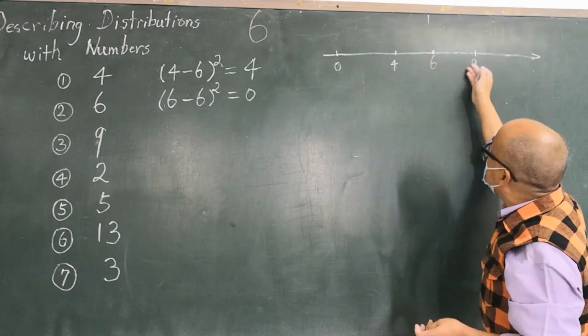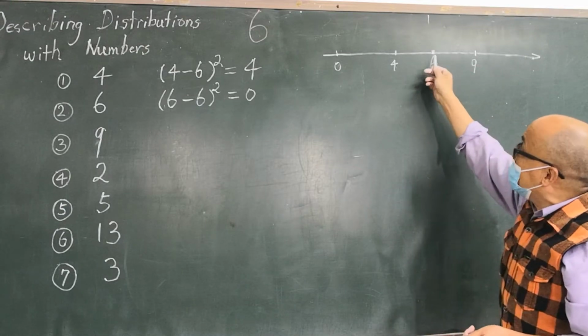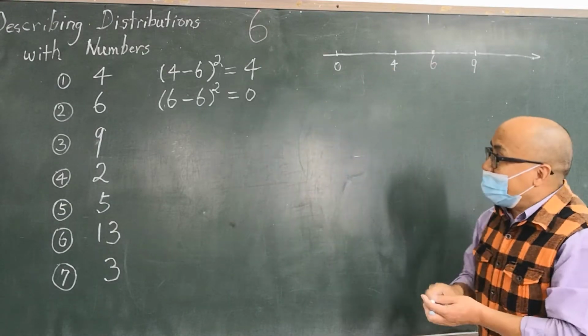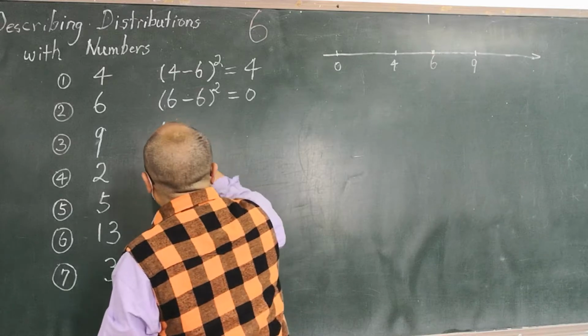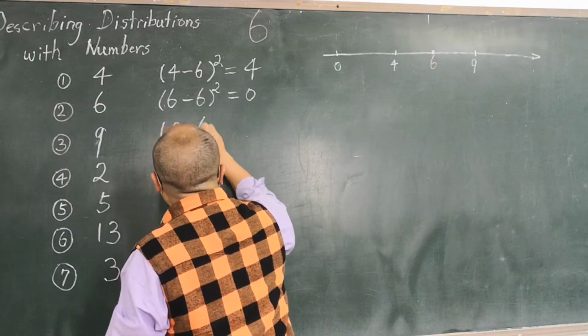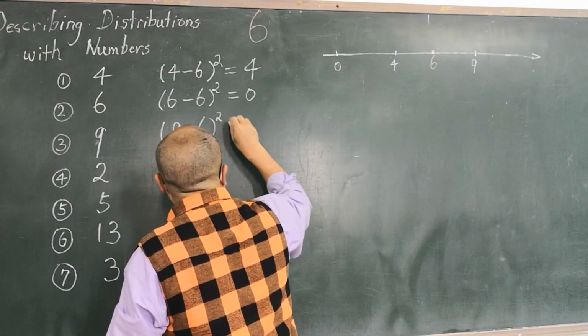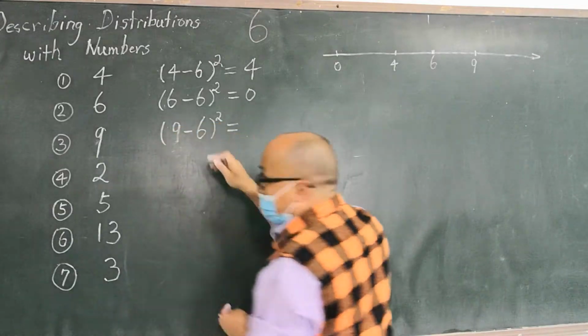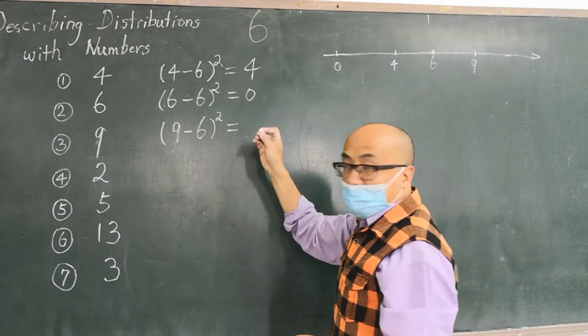So the distance from the number to the mean is 9 minus 6, a positive 3, but squared, it's 9.